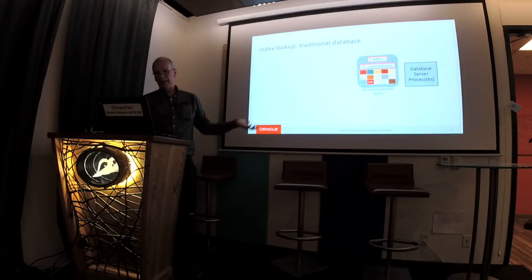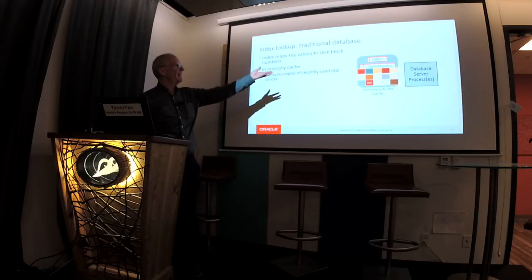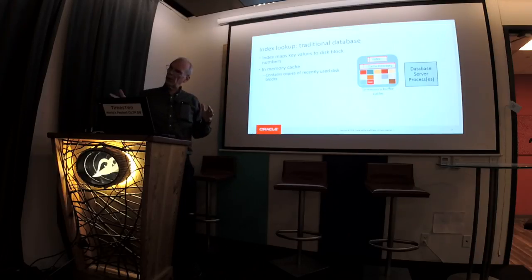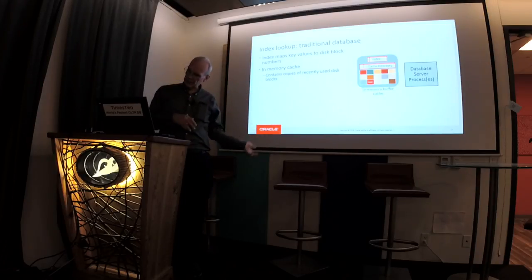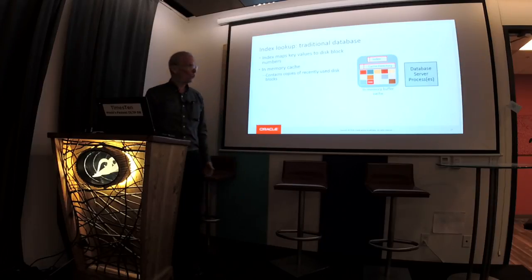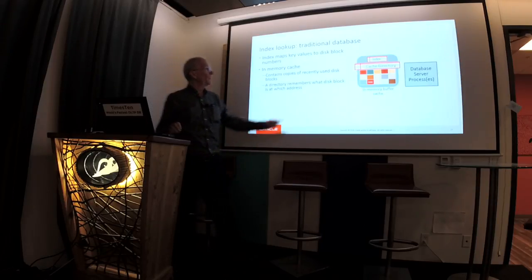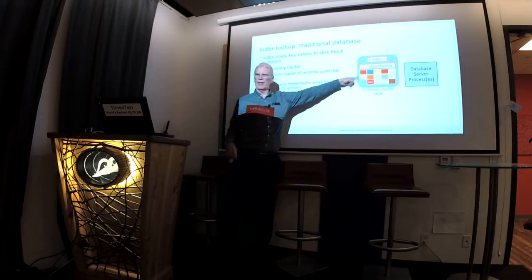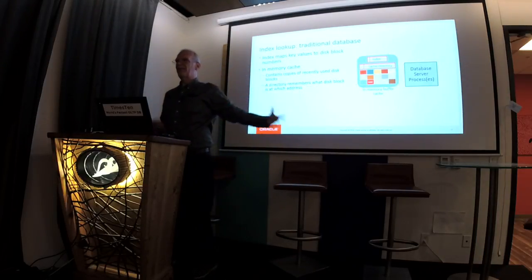So let's animate our way through that. Let's say we have an index, and we've got this in-memory set of buffers that are cached copies of blocks from disk. We also have to have some sort of cache directory: which blocks from disk are in here, and where are they? You have to keep track of that.